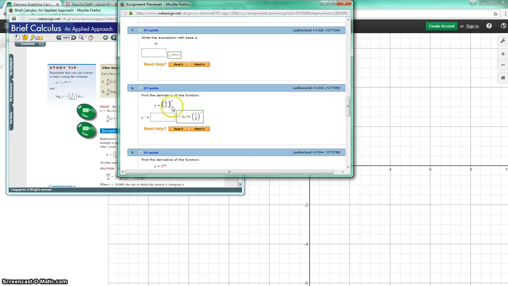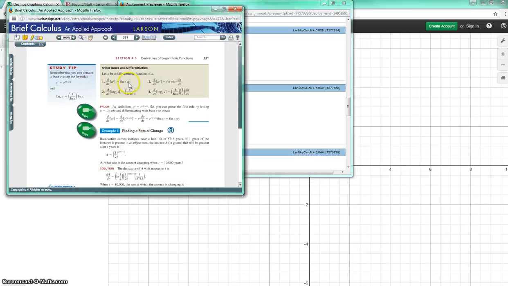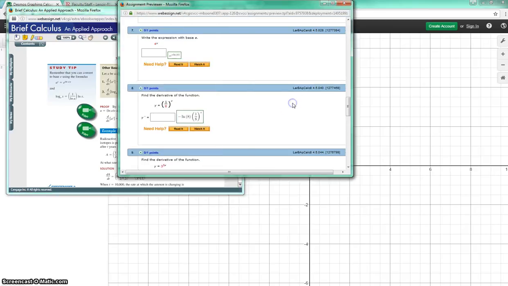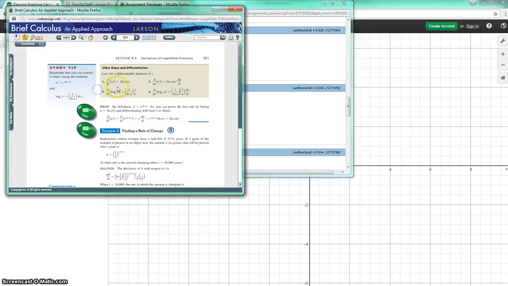Number 8, so we're dealing with an exponential that has a different base. And so this one's kind of like following this rule right here. So it'd be 1/8 to the x times the natural log of 1/8. Right? Now, they made it look a little different, but I wouldn't do it that way. I would just say it's 1/8 raised to the x.